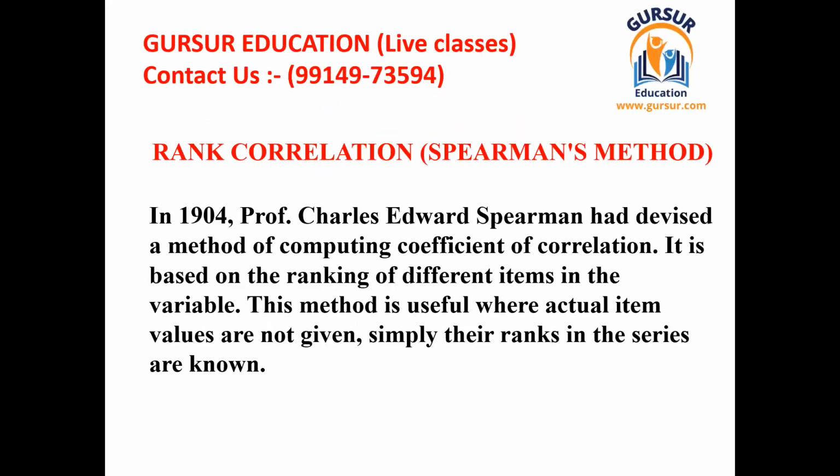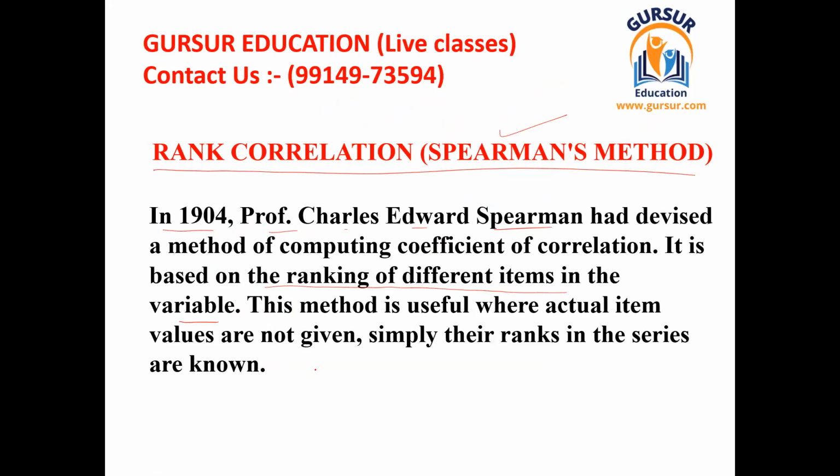So after going through all these things, we have to understand rank correlation. This is Spearman's method. Although numericals are not necessary, understanding the formula and cramming it is very necessary. This was devised in 1904 by Professor Charles Edward Spearman, on the basis of ranking of different items of the variables, you can find the coefficient of correlation.